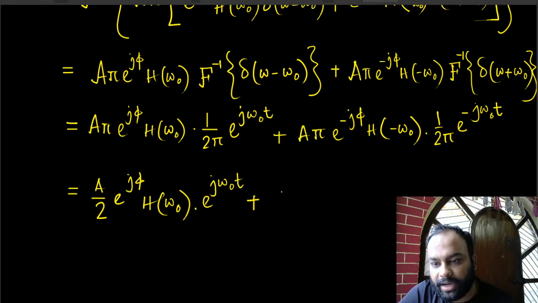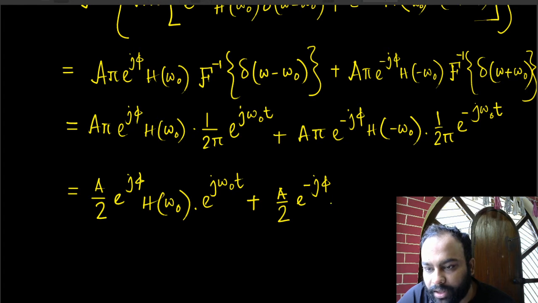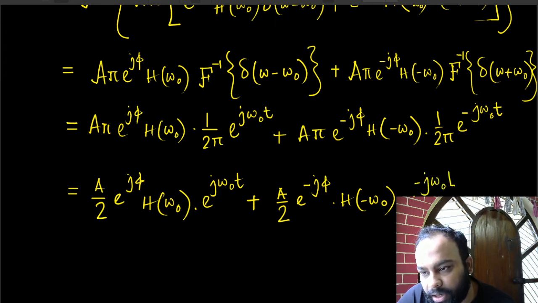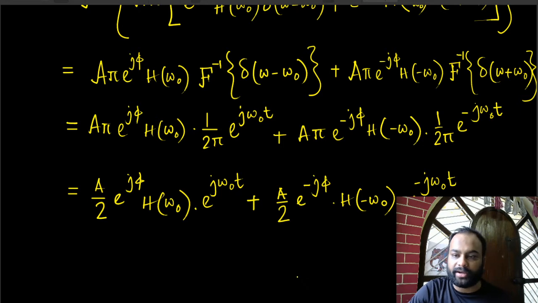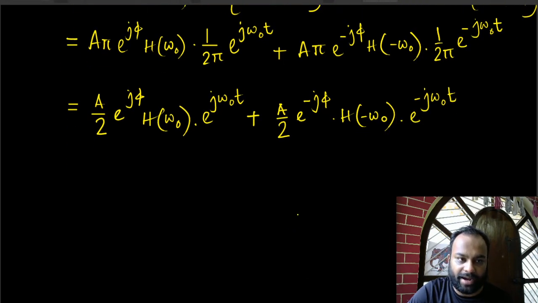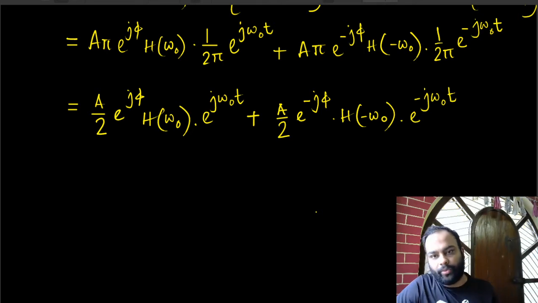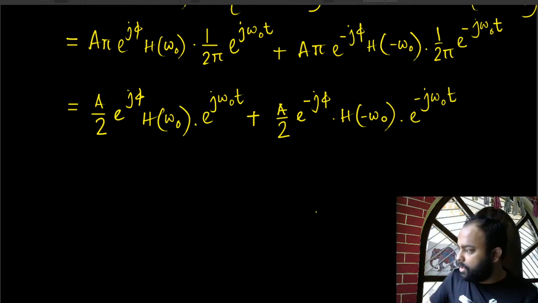And then of course similarly I have a by 2, same thing, pi cancels out, and I have a by 2 e to the power minus j phi h of minus omega naught into e to the power minus j omega naught t. Now of course I have done the inverse Fourier transform, so omega does not appear anywhere, right? Only I have omega naught, which is a constant. It's a constant frequency, right? Hold on.